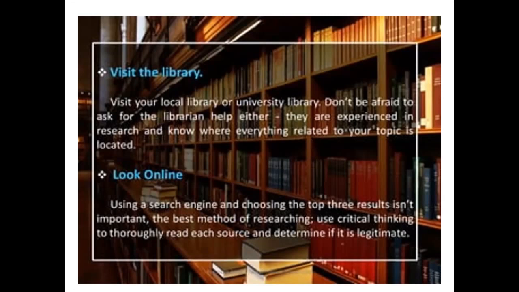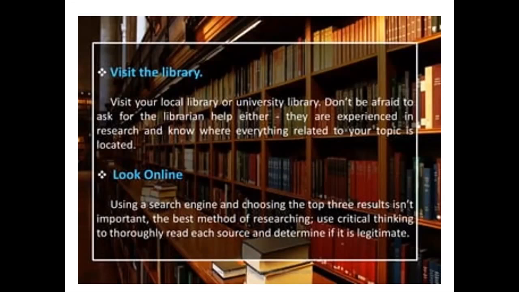You should be a frequent visitor of the library wherever you are, either your school library, university library, or your town library. Don't be afraid, now you have most of the things online. That is the second point. Don't be afraid to ask for the librarian's help. They are experienced in research.